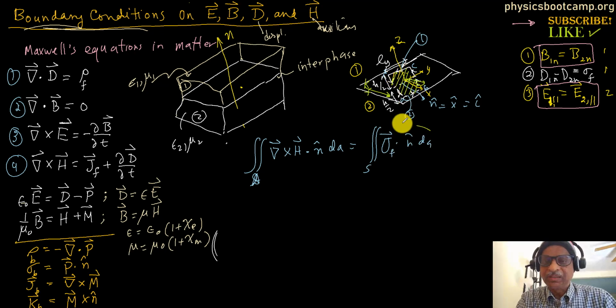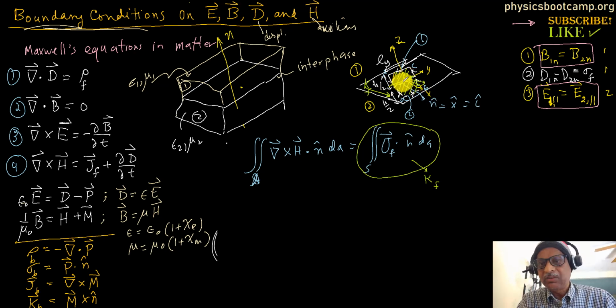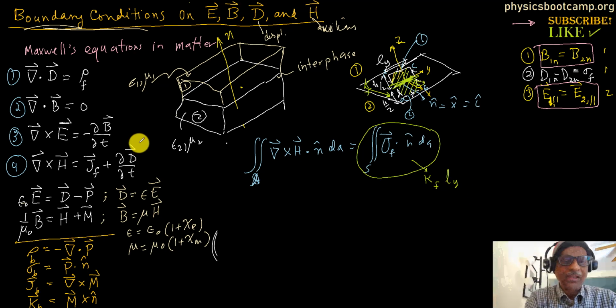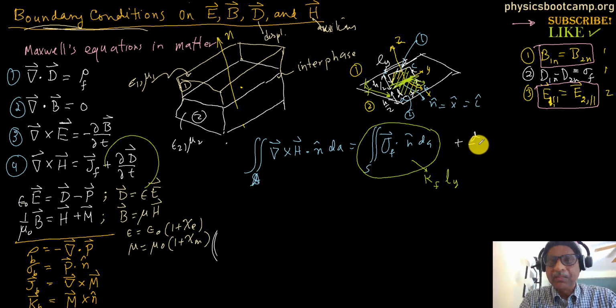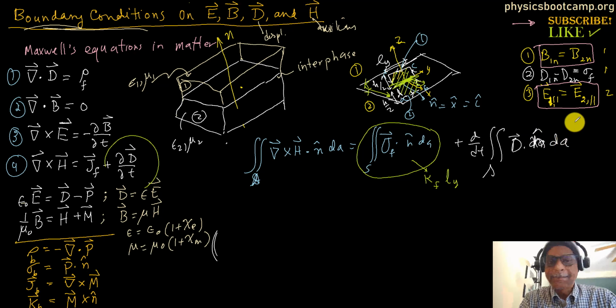So this will be K, whatever K_f is, times this length over which the surface current is going to act, L, what is called L_y, because in this case it is going to be L parallel in general. Then you have a plus d/dt of D dot n hat dA.